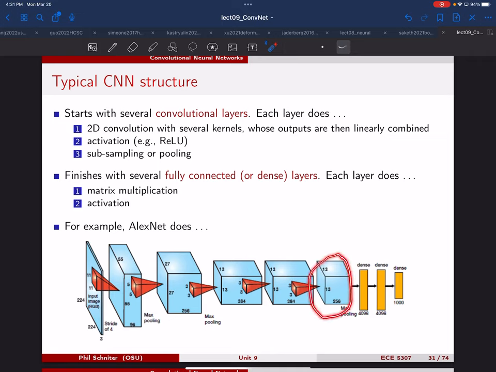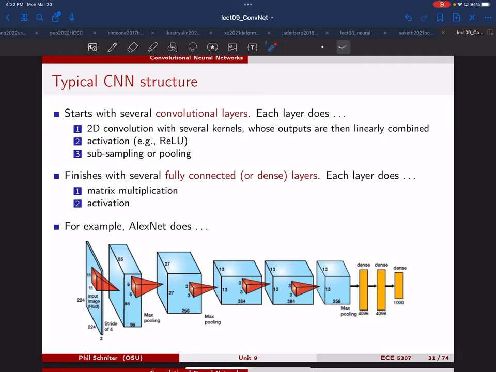But you can think of this as a 3D structure of values, and if you just unravel that into a single vector, it's going to have 13 times 13 times 256 entries, and those features now go into this MLP.